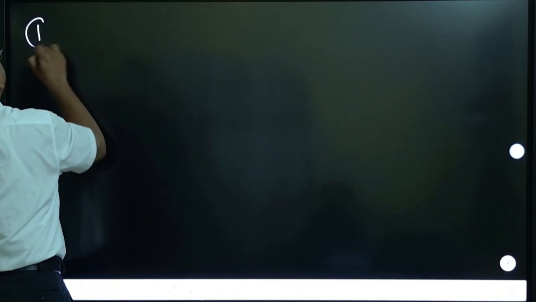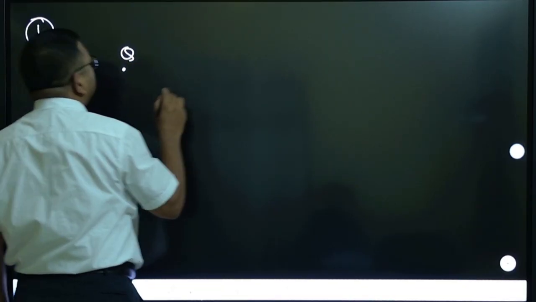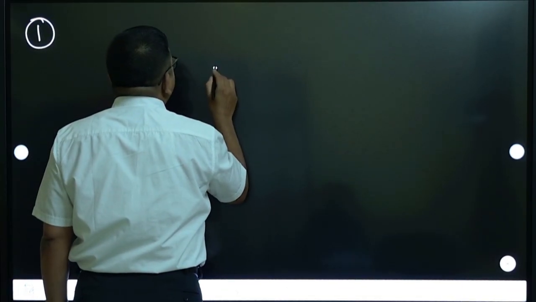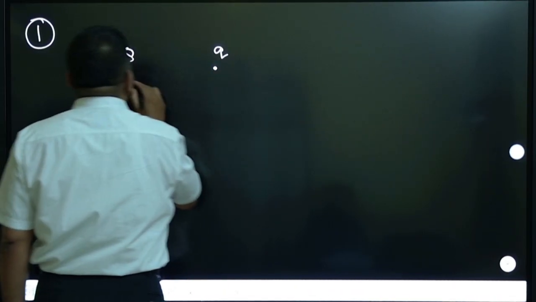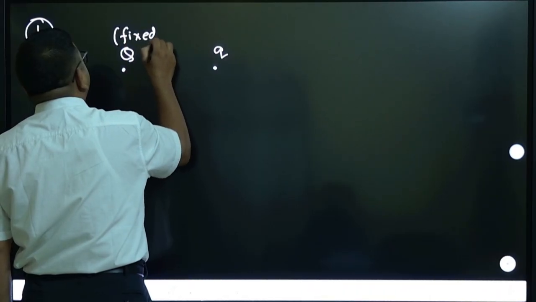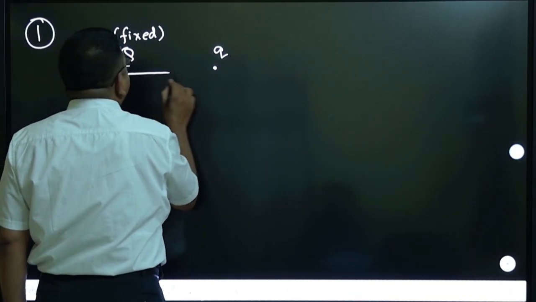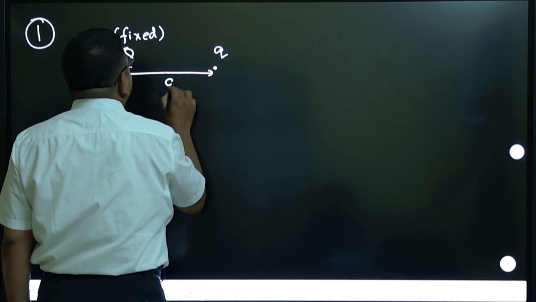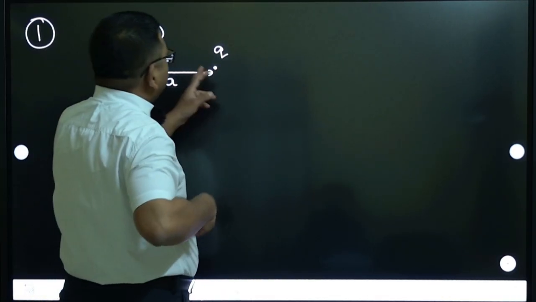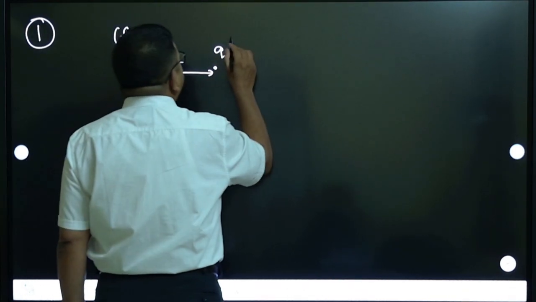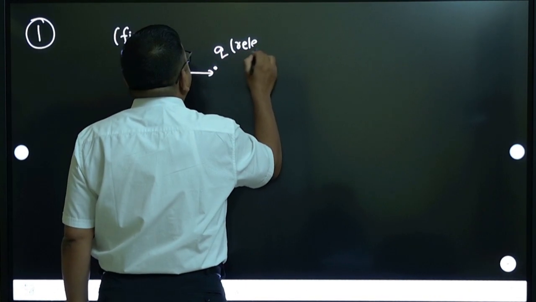Question number one. Suppose this is a charge Q and this is a charge small q. This charge is fixed and the distance between them is a. This charge is free to move and it is released.